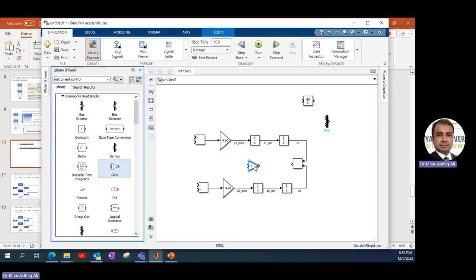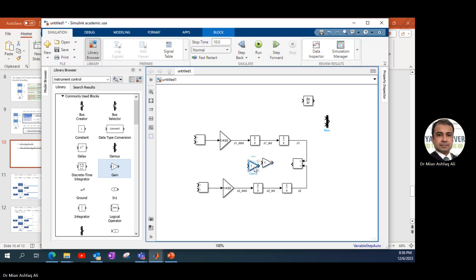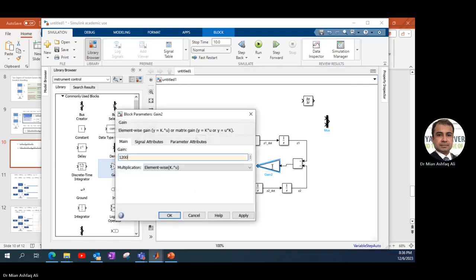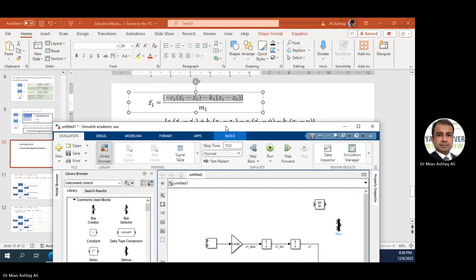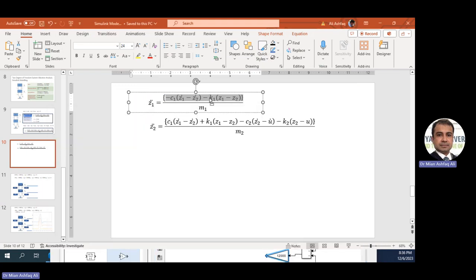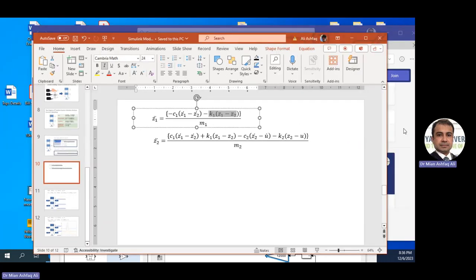I can also invert this by Control I, and I can use the K1 value here, which is 12,000. So this has become this force. This is what I need to make: K1 times Z1 minus Z2.